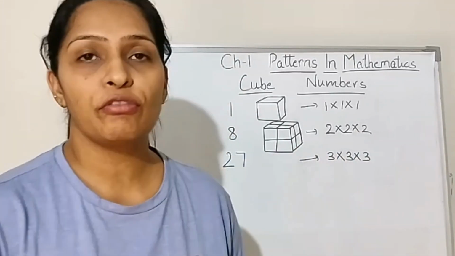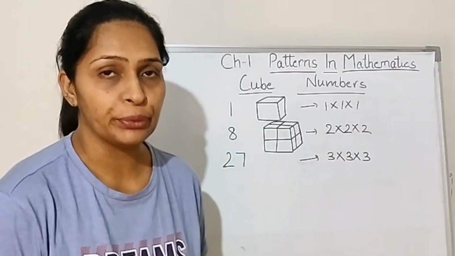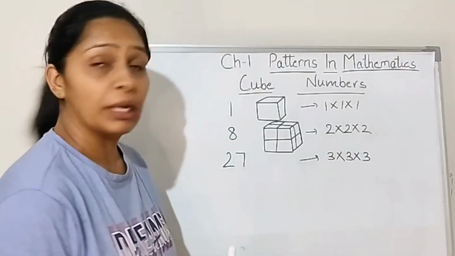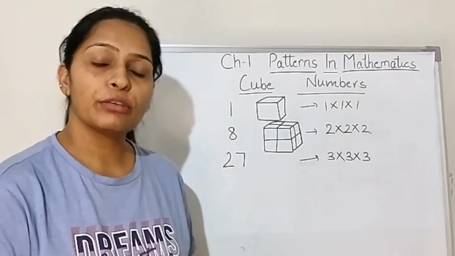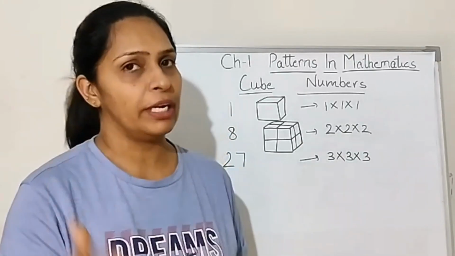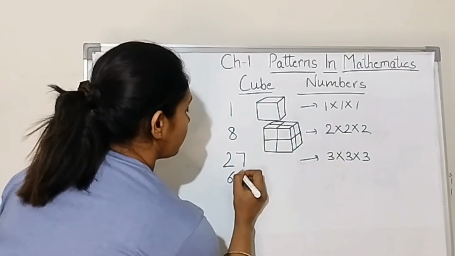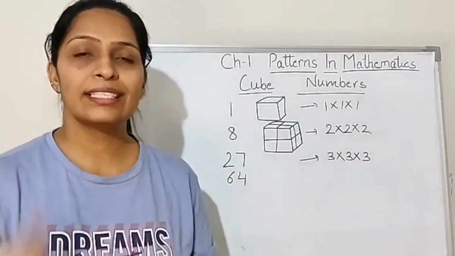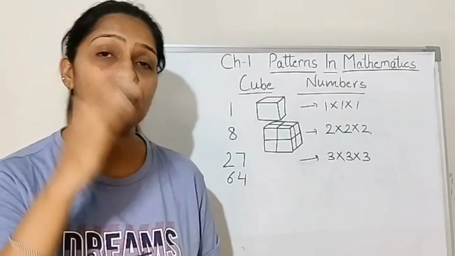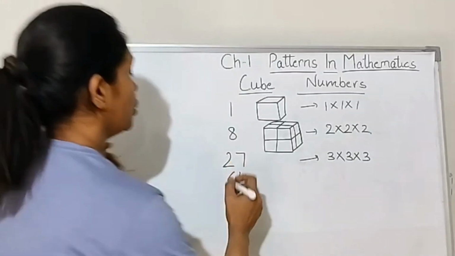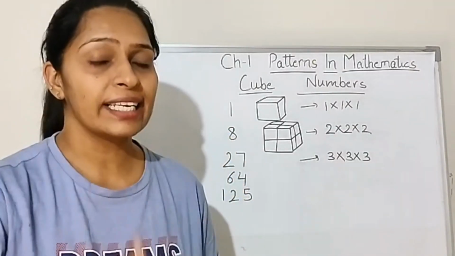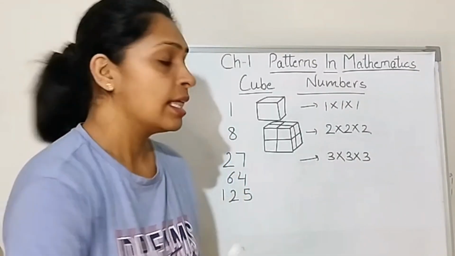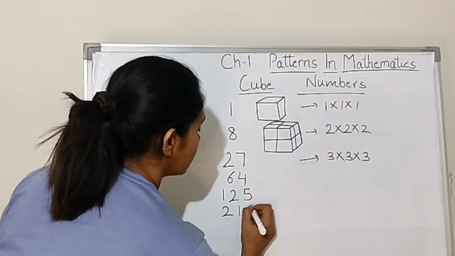This way we can find the next cube numbers. Similarly, the next number is 4 multiplied by 4 multiplied by 4, which is 64. Next is 5 multiplied by 5 multiplied by 5, which is 125. Next is 6 multiplied by 6 multiplied by 6, that is 216.